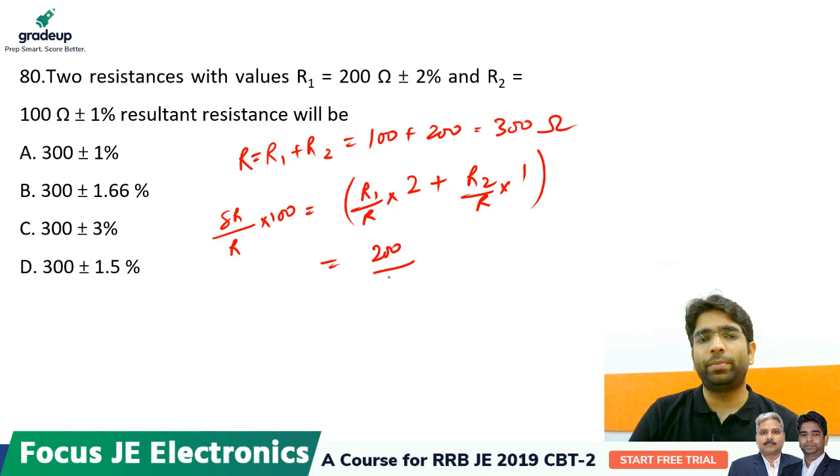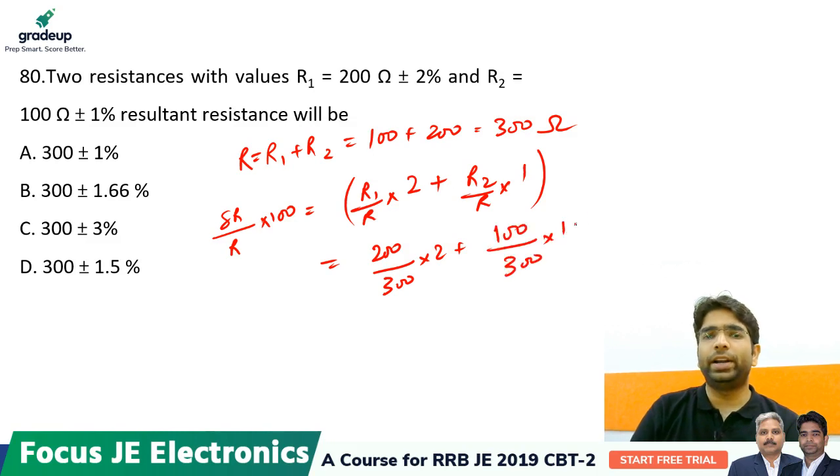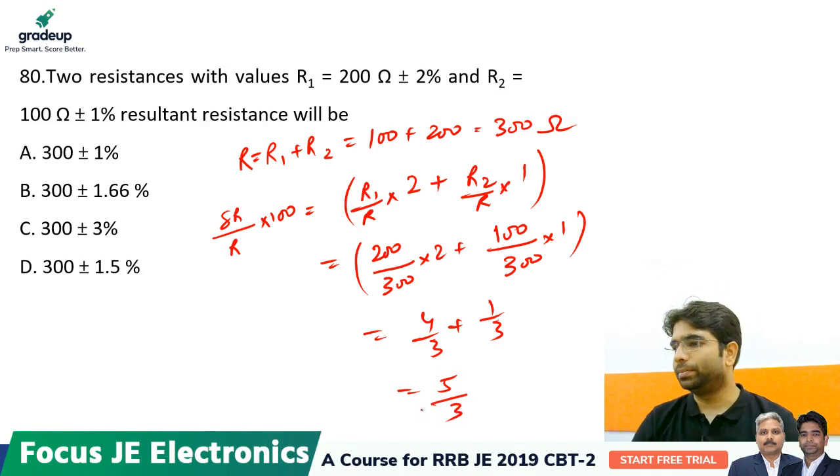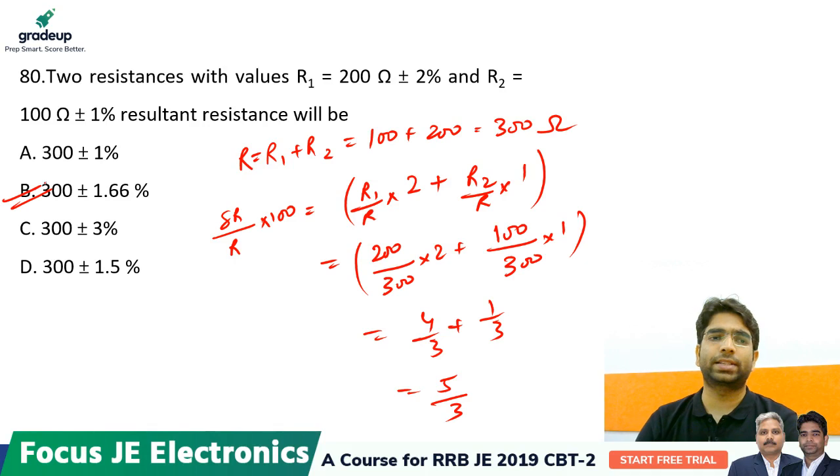It is 200 by 300 into 2 plus 100 by 300 into 1. That is 4 by 3 plus 1 by 3, which is 5 by 3. So it will be 1.66, the correct option. Did you all get it?